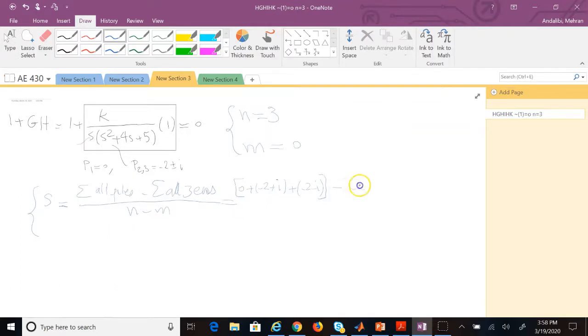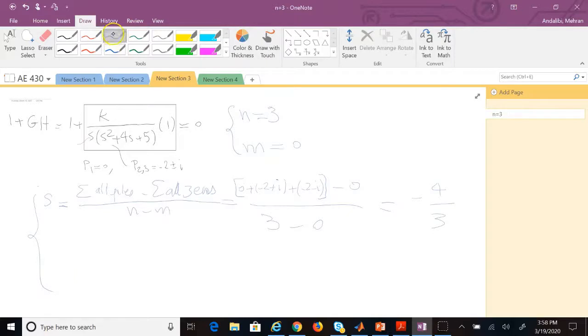Minus summation of all zeros. There is no zero, so it's just 0, divided by 3 minus 0. So when we add them, what happens? The i and negative i cancel, so you're going to get negative 4 here divided by 3. So at which point would the asymptotes intersect the real axis? At s equal negative 4 over 3. It should always be a real number. And that real number in this case is negative 4 over 3.